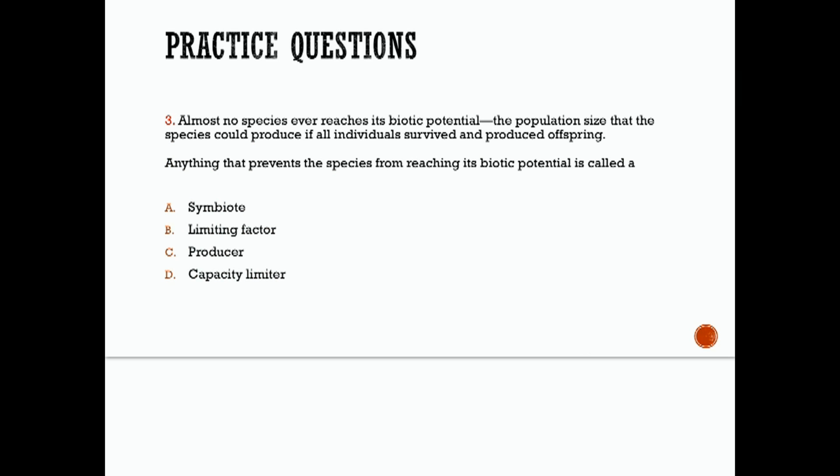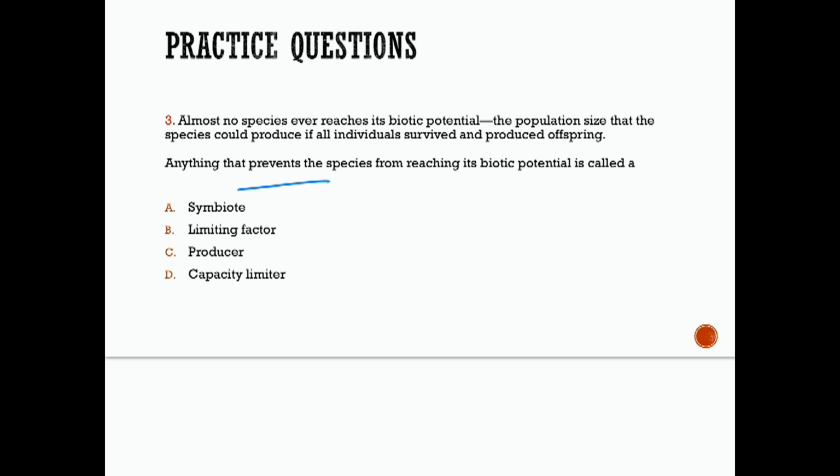Number 3, almost no species ever reaches its biotic potential, the population size that the species could produce if all individuals survived and produced offspring. Anything that prevents the species from reaching its biotic potential is called a what? Okay, what's going to prevent it from reaching it?